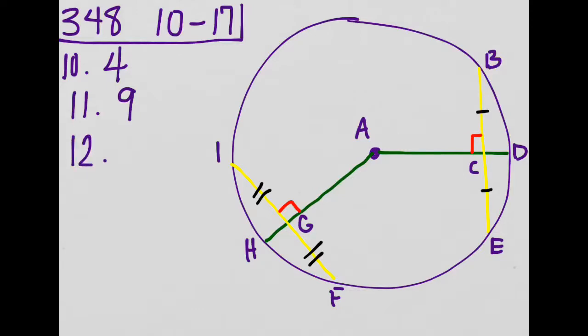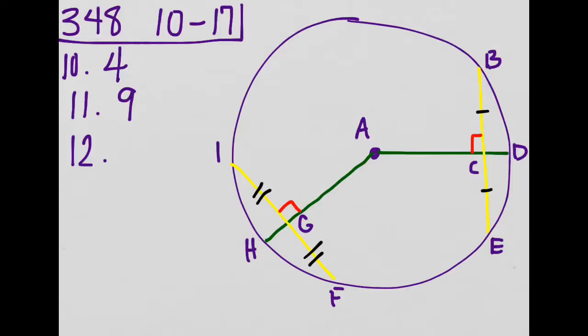Number 12. Find FI. Again, the hardest part, I think, is just finding which section you're looking at. So find FI, the section here, if AG, this distance, is congruent to this distance here, AC.